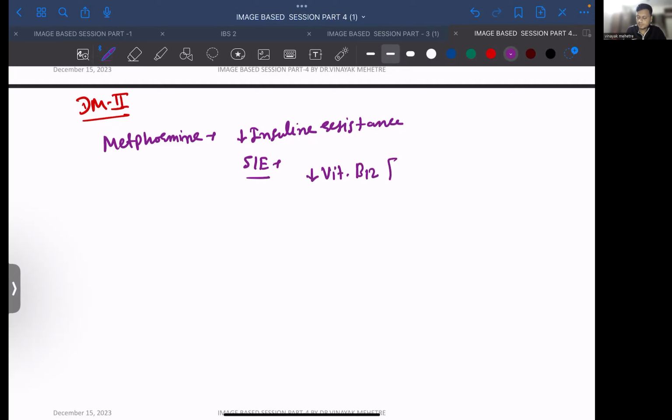Okay, कौन सा एनीमिया? मेगालोब्लास्टिक एनीमिया. Megaloblastic anemia. Second side effect, which all of you have marked correctly, that is lactic acidosis. Lactic acidosis, right? Yes, correct.